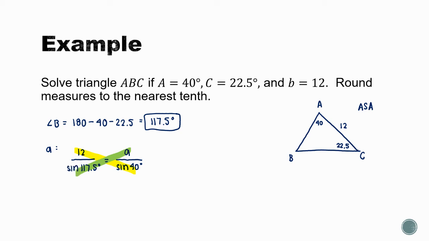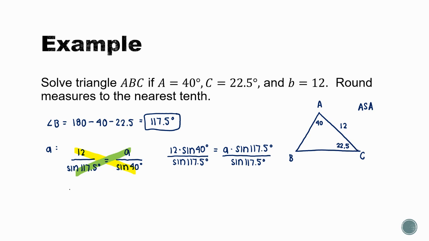So we will have 12 times the sine of 40 degrees equal a times the sine of 117.5 degrees. To get that a by itself, we have to divide by the sine of 117.5 degrees. Then we'll just be very, very careful typing it into the calculator, closing our parentheses before we do our division.